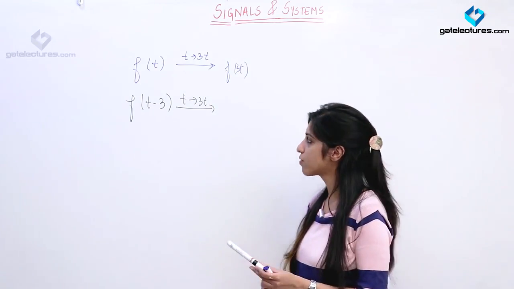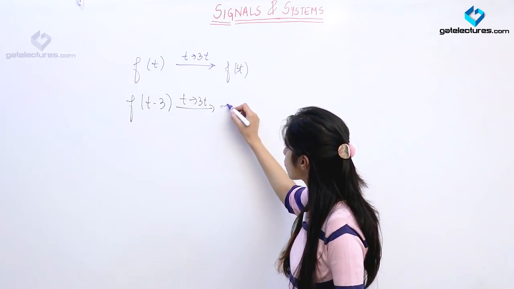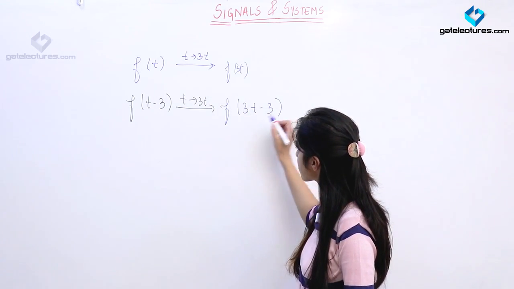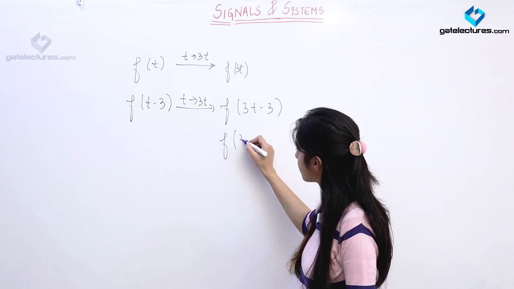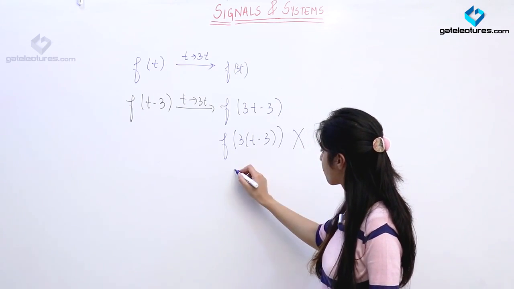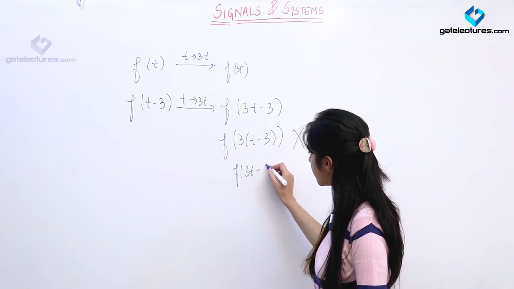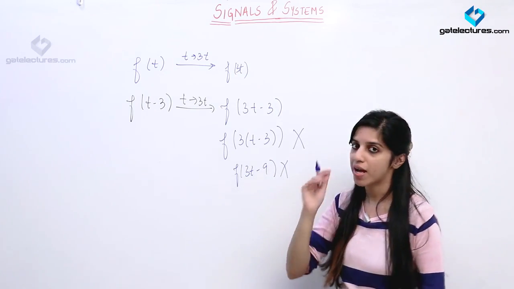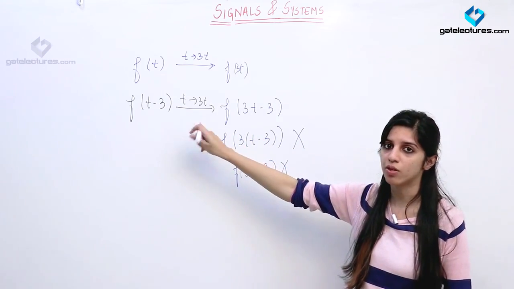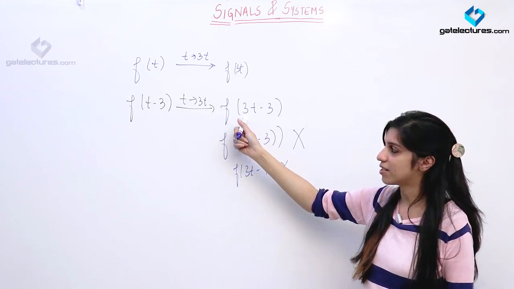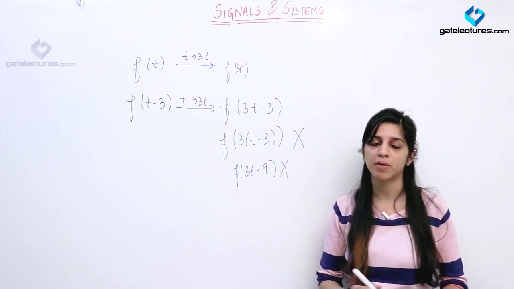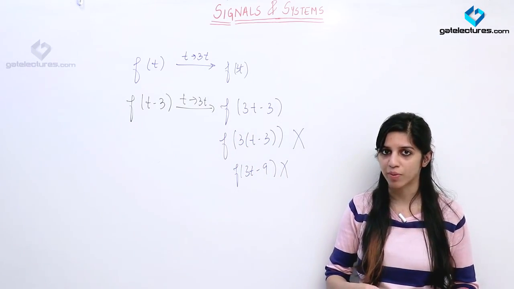Now this is going to become f(3t minus 3) and not f(3t minus 9). Why? Because this operation is going to apply only on the independent variable t, and not on the complete argument.